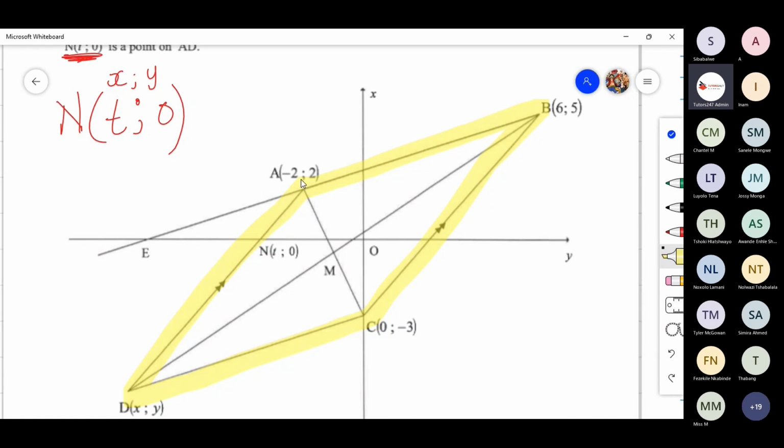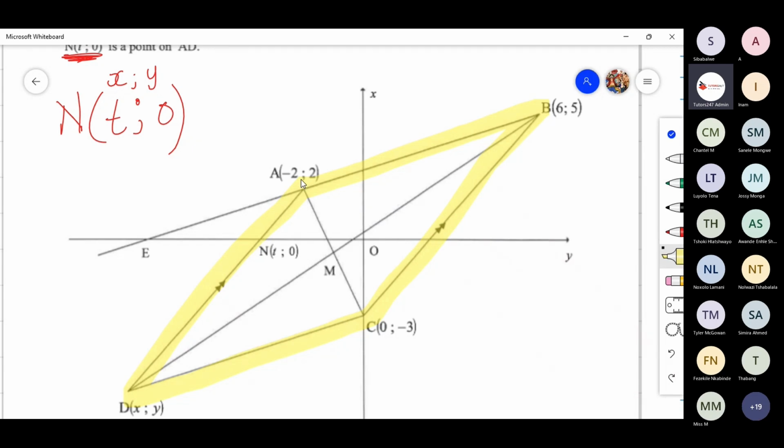So if AD is parallel to BC and AB is parallel to CD, that is a parallelogram. Alternatively, you can prove that opposite sides are equal, meaning that if AD is equal to BC and AB is equal to CD, then that would be a parallelogram.